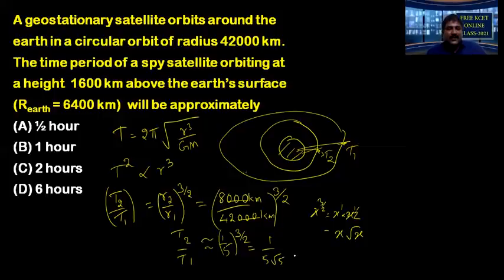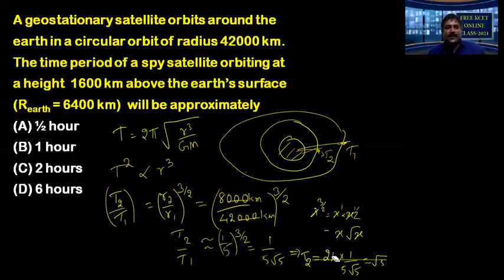Now the last part: T2, the time period of the spy satellite, equals T1 into 1 by 5 root 5. T1 is 24 hours, as we know. So divided by 5 root 5. Again simplifying, 24 by 5 is approximately 4.8, so it is 5. 5 by root 5 is nearly root 5.